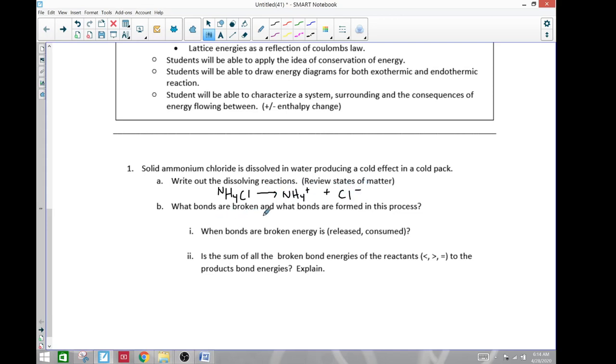What bonds are broken? What bonds are formed in this process? Well, we're breaking ionic bonds, and what's formed are going to be really just ion-dipole.